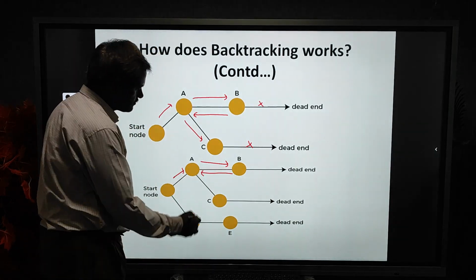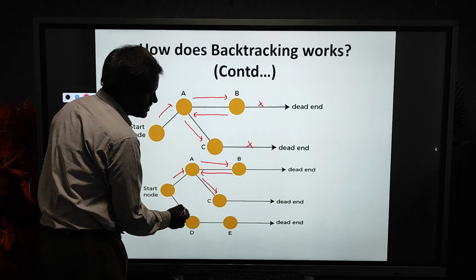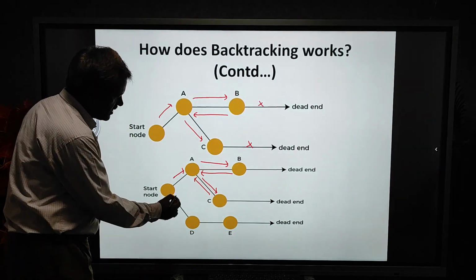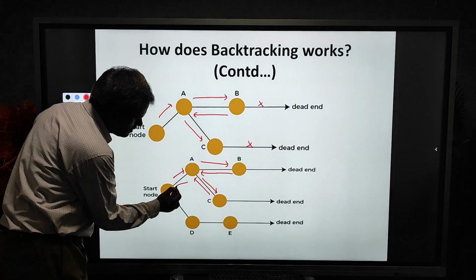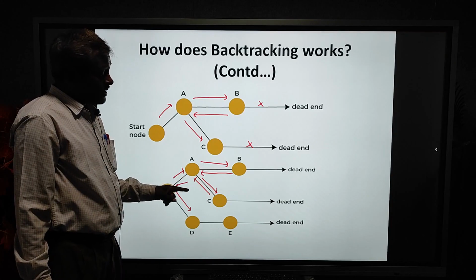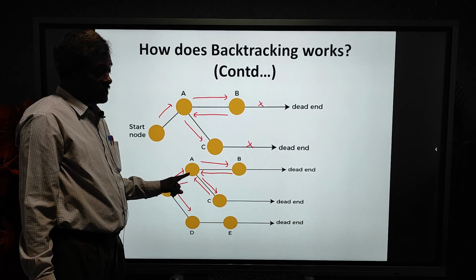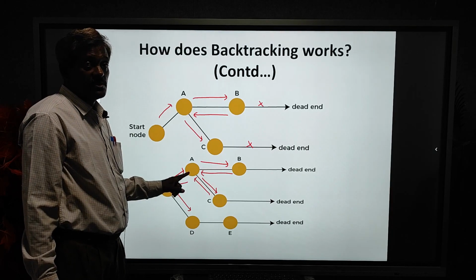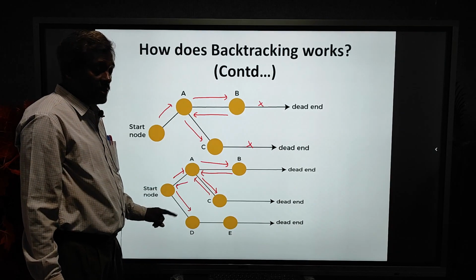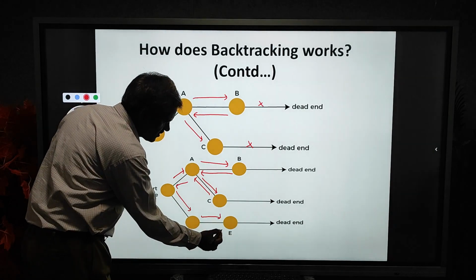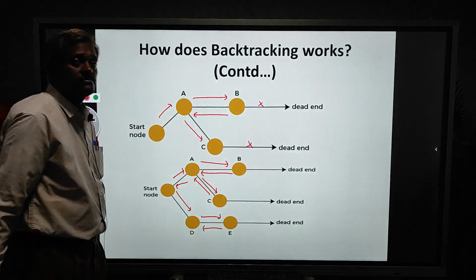Traced back to A, went to C, this is not my optimal solution, traced back. Now again I am moving to D. That means I am thinking A is not a feasible solution in this direction. Now I am moving to D, then from D to E. Now it is not possible, so I am tracking back.